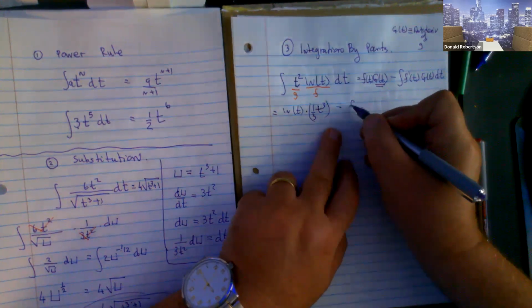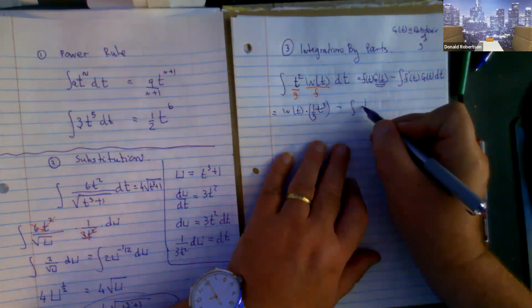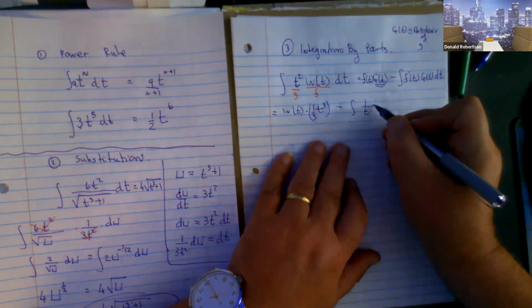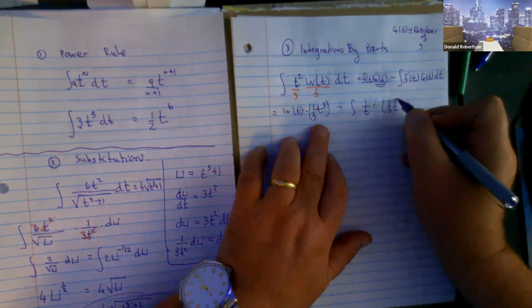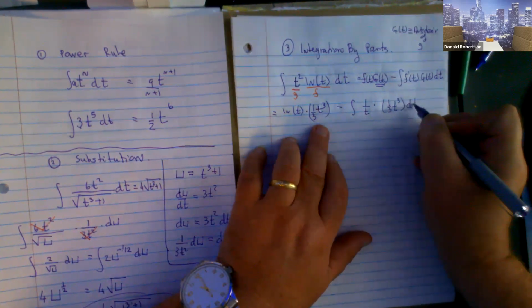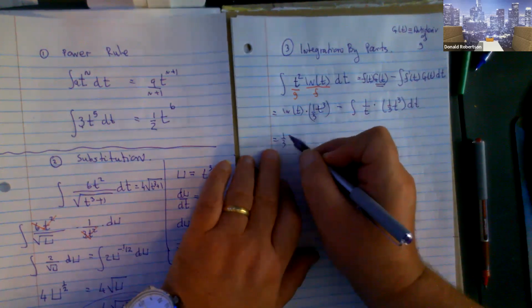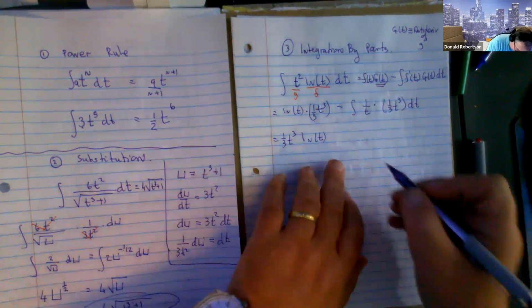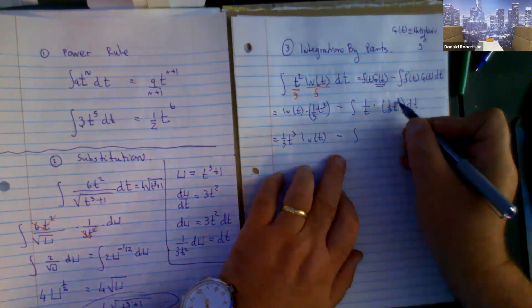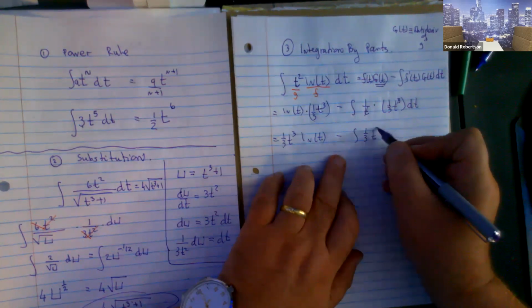Take away the integral of the derivative of log, which is 1 over t, times the antiderivative guy, which is 1/3 t cubed, dt. Now this guy looks a little bit nicer if you put the powers first and the log second. So that's just cosmetic. And this partially cancels with one of them, and I'm left with 1/3 t squared.